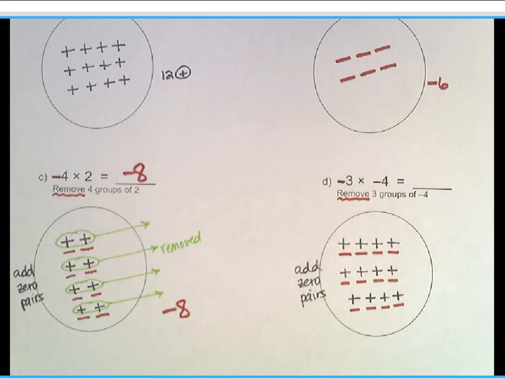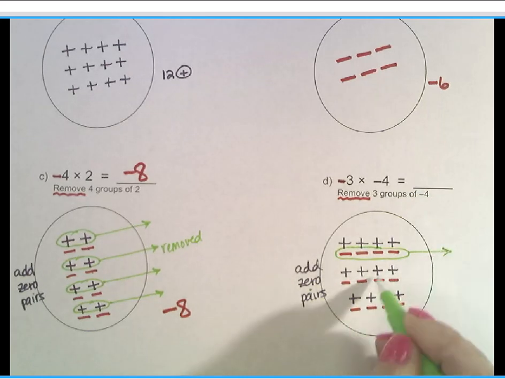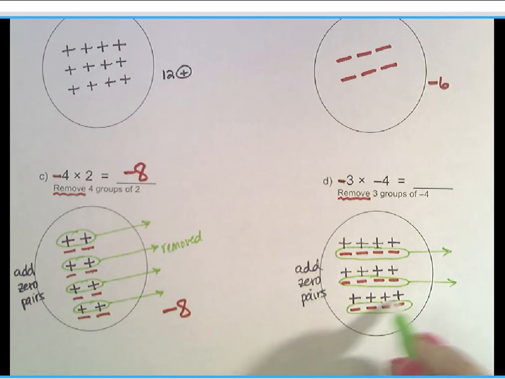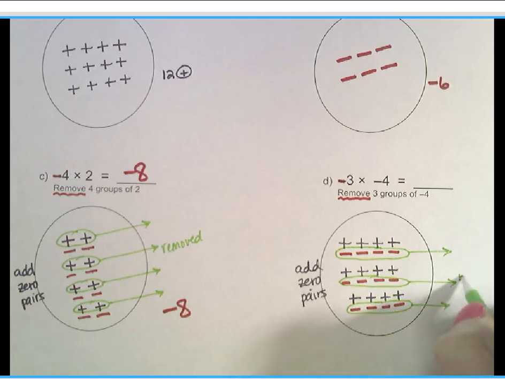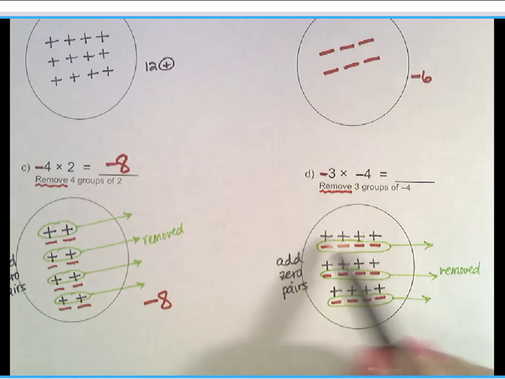And then I have to remove 3 groups of -4. Well, here's a group of -4. Here's a group of -4. There's a group of -4. Those are removed. If I remove those, what am I looking at? I have a bunch of pluses left. In fact, I have 12 of them.